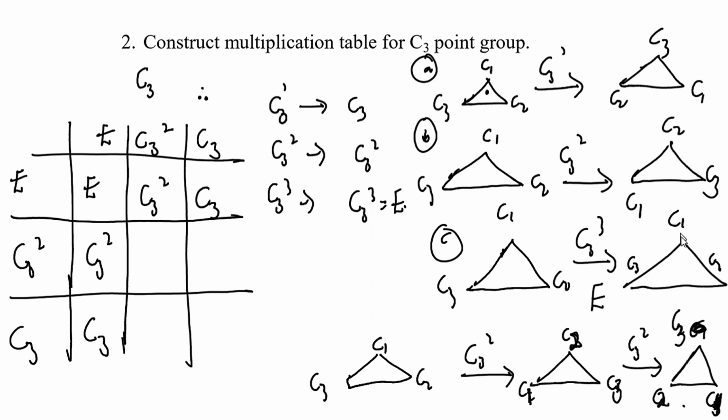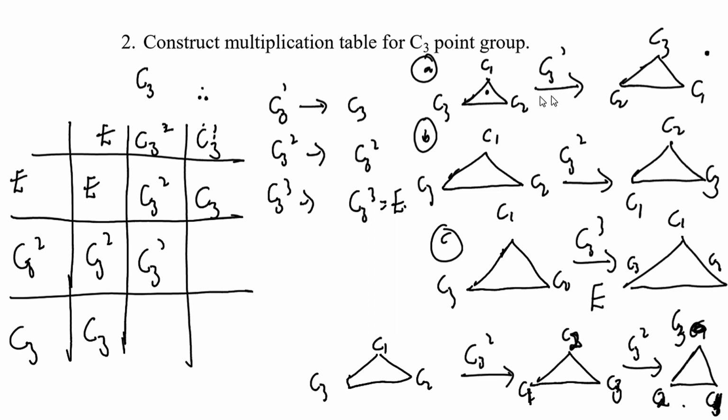So this is going to be similar to C3 prime. So we have it to be C3 prime. So the multiplication of C3 will give us C3 prime. So this is C3, this is C3, right? I'm sorry, C3 prime rather.